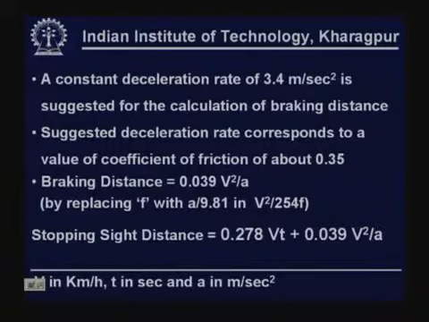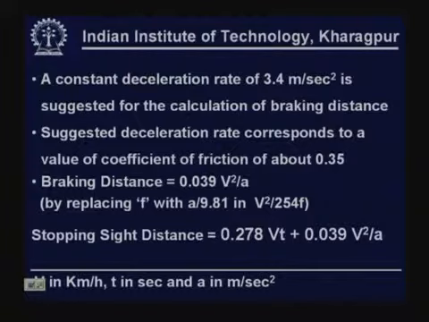So, whatever braking distance value will be obtained by considering a deceleration rate of 3.4 meter per second square, nearly the same value will be obtained if the coefficient of friction is assumed as about 0.35.